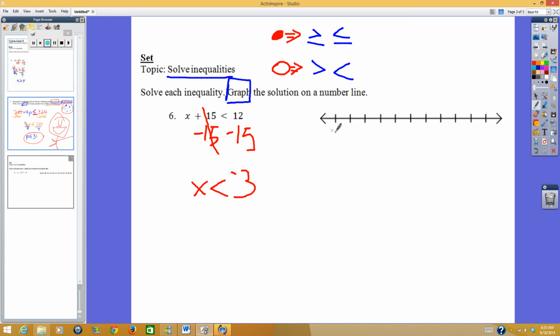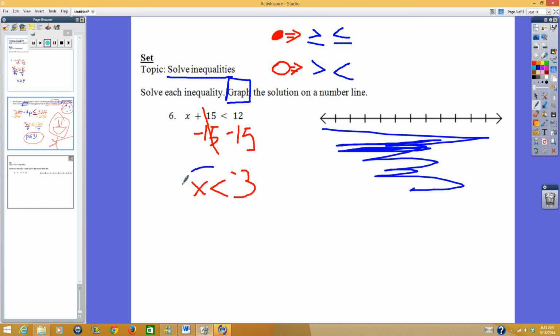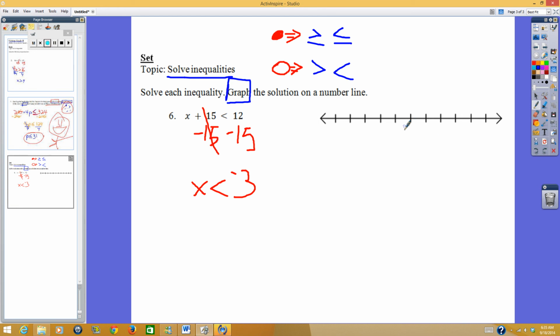Now really, how you set this up is up to you. Just make sure that you have this number negative 3 on it. I'll just put a 0 here and go backwards. Negative 1, negative 2, negative 3, and 1, 2, 3, 4, 5.